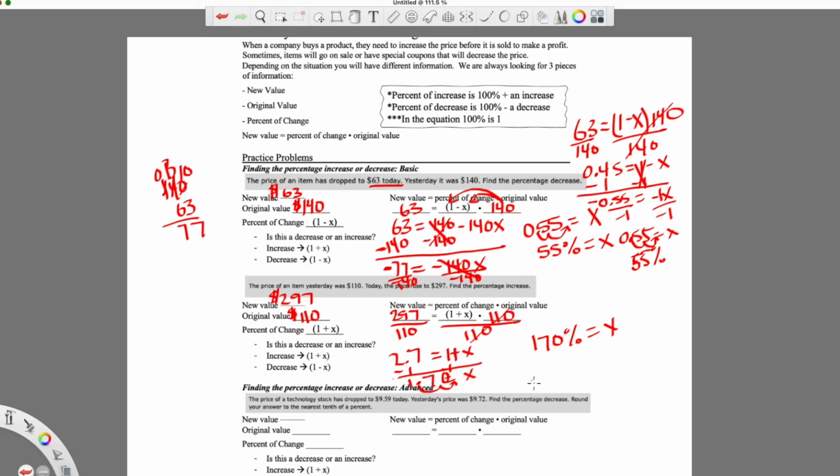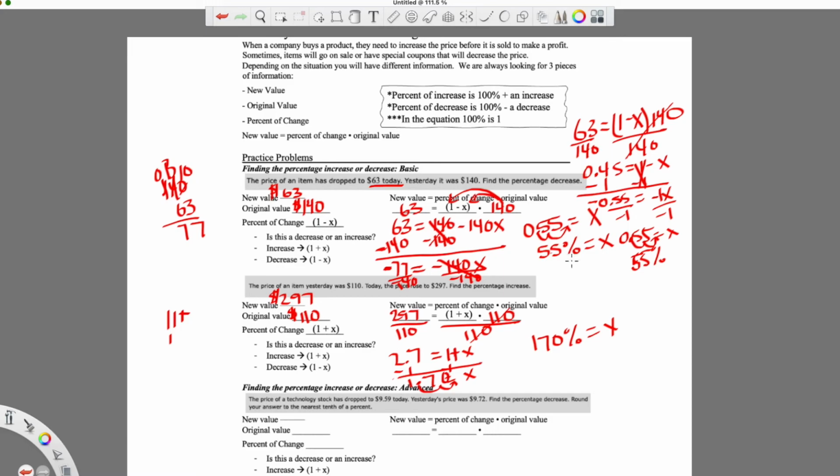And that's on top of the 100% of the 110. So it's 110 plus another 170% increase. Because it was a total 2.7 percent of change. So it went up quite a bit. Which, if we think about 110, what's 110 plus 110? Why is it doing lines now?